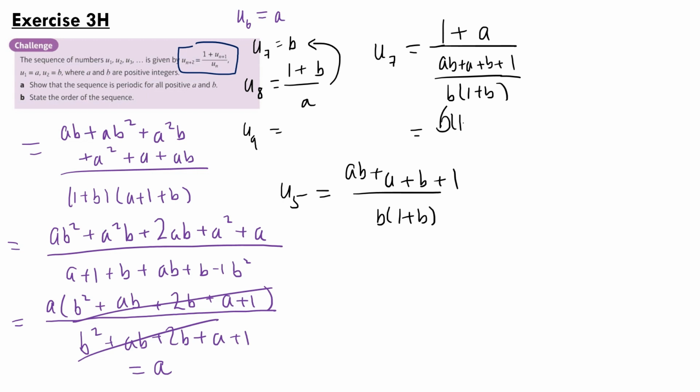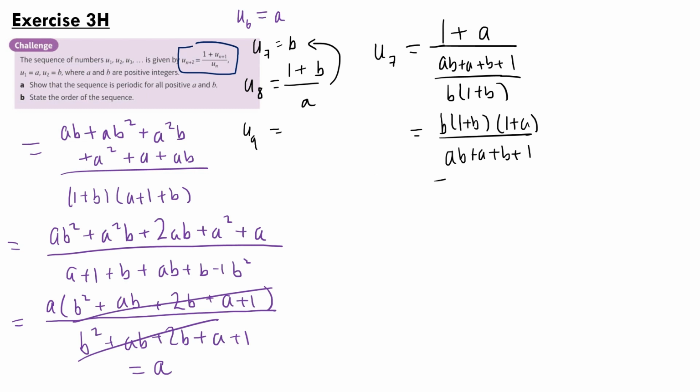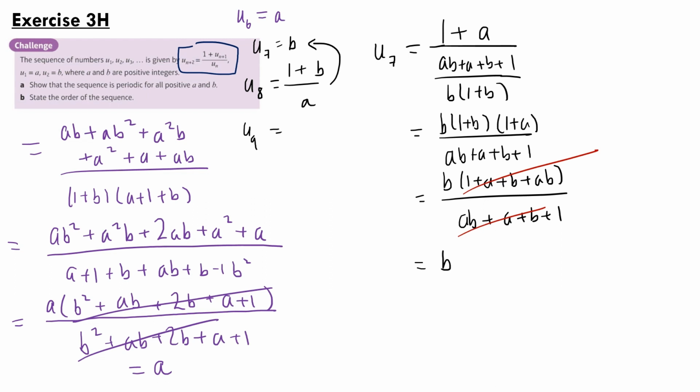So b(1 + b)(1 + a), all over ab + a + b + 1, equals u7. And now if we expand brackets on the numerator, we're going to have b lots of (1 + a + b + ab), all over ab + a + b + 1. And again, you can notice that the factor here and the denominator are equal, so we can cancel them out and we're left with just b.